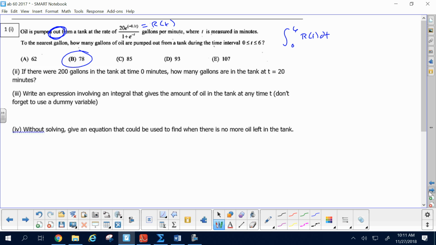On 2, though, I think I had an error on yesterday's classwork. If there are 200 gallons in the tank at time 0, how many gallons are in the tank at 20 minutes? Now, wouldn't that be start, not plus, but minus how much was pumped out? So that would be 200 gallons take away, not plus, like I said yesterday, which was dumb, minus how much was pumped out.